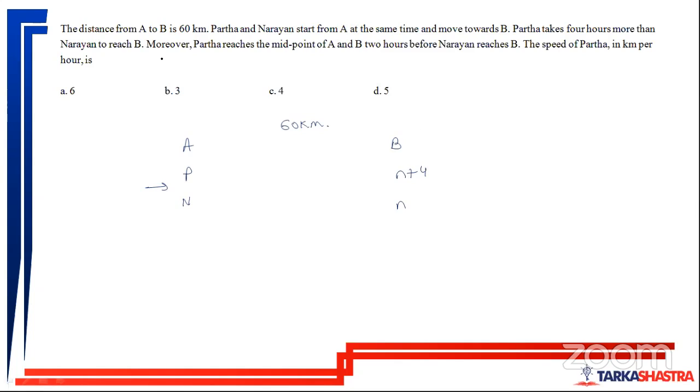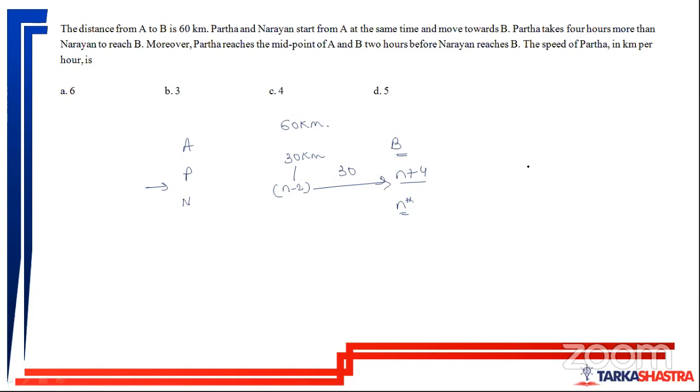Moreover, Partha reaches the midpoint of A and B 2 hours before Narayan reaches B. So at what time is Narayan reaching B? At the nth hour. After n hours from the starting time, Narayan reaches B. That means 2 hours before this, Partha is reaching the mark of 30 kilometers, which is at n minus 2, and moving at the same speed to reach the end mark, which is still 30 kilometers away, after 6 hours, because he is reaching the end point B at n plus 4.